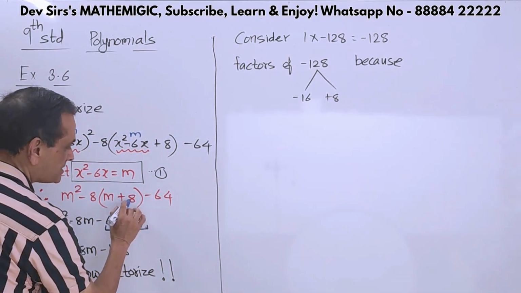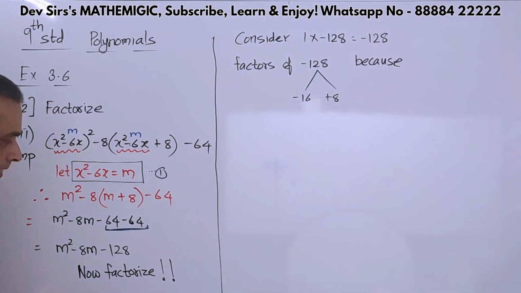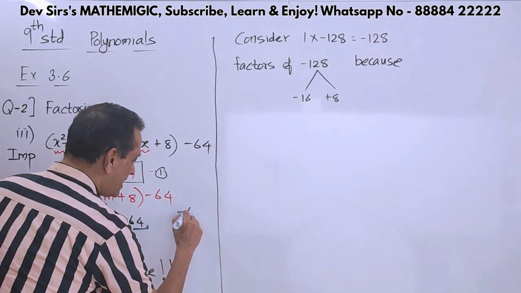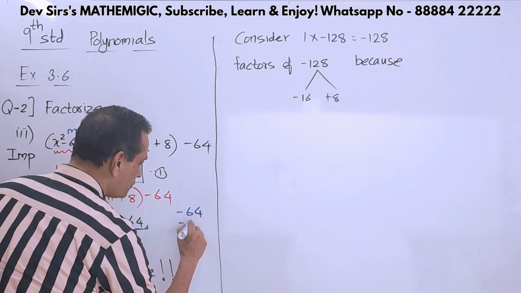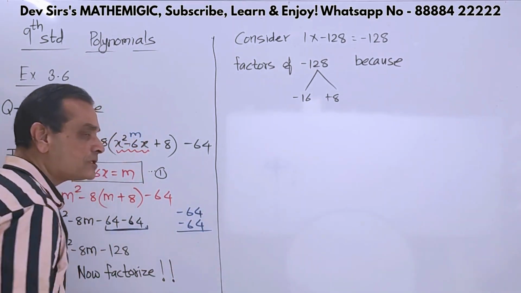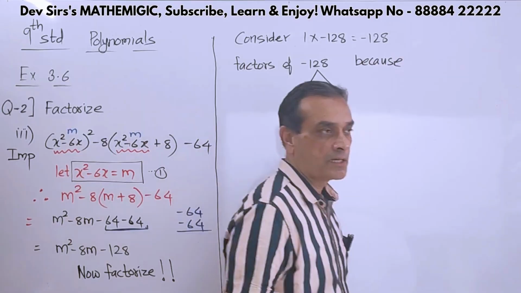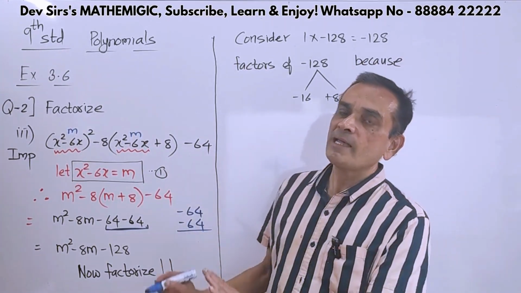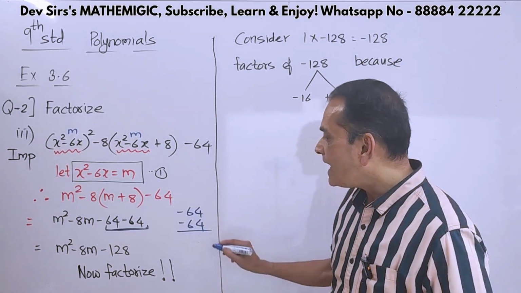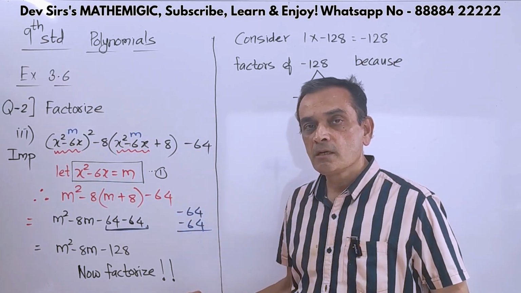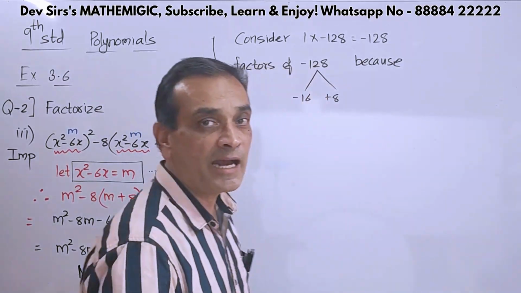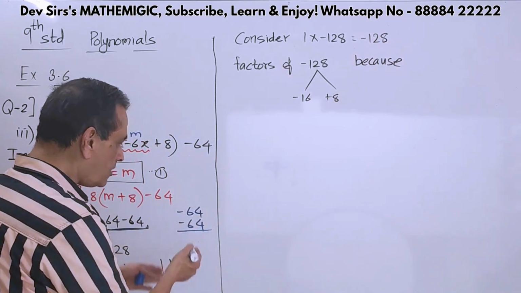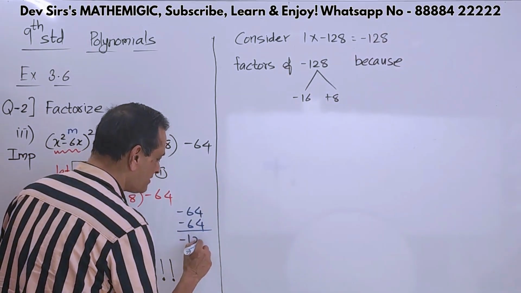Not these two terms. Clear? Okay. Now how do you add two negative terms? Minus 64, minus 64. Don't say minus minus is plus. That is a wrong thing to say. Minus into minus is plus. But when you add two negative numbers, you add them properly and put the sign of minus. That is minus 128.